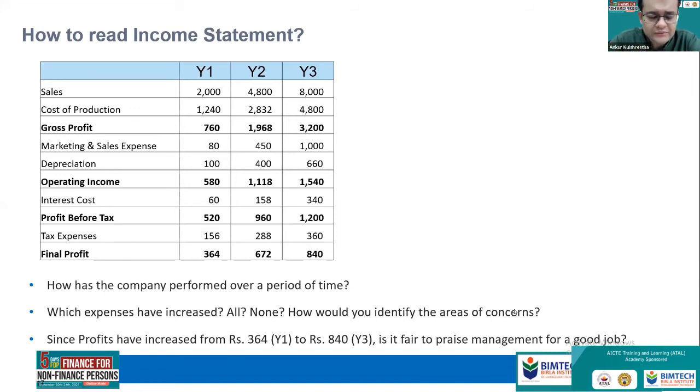Let's debate and discuss those 3 questions. That's how you look at someone's income statement and start making your analysis, your conjectures, your assessment about that fellow. Your peaceful 2 minutes start now. These are the 3 questions you have to answer based on the data above. Time starts now.